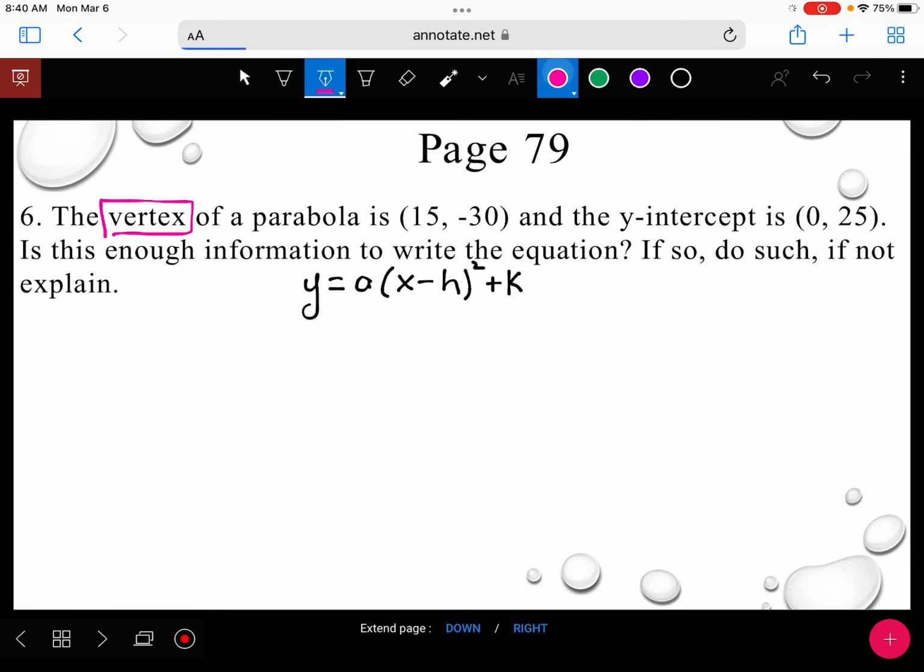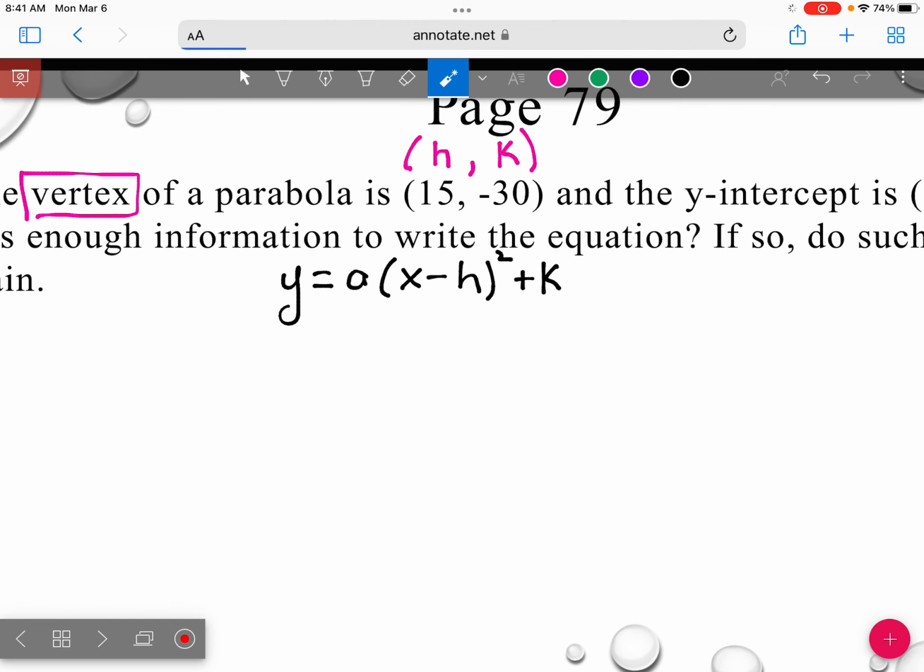Vertex form means literally our vertex is h comma k. The same h and k that are in this. It straight up gives us 2 of the values. So that's what we're going to do, is we're going to plug those values in and see what we got.